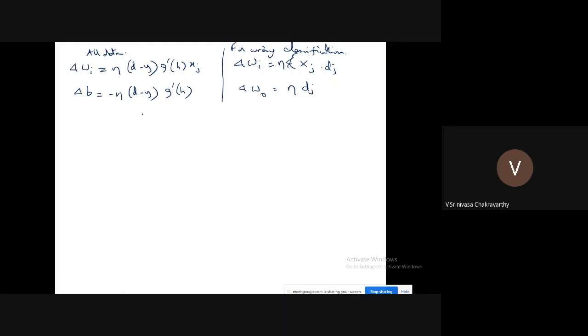Okay, so far so good, but this term g prime is slightly problematic. Also g prime is slightly weird here because look at the g function. If G is a step function, what is G prime?